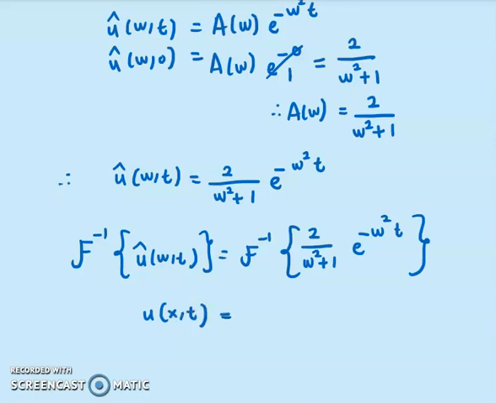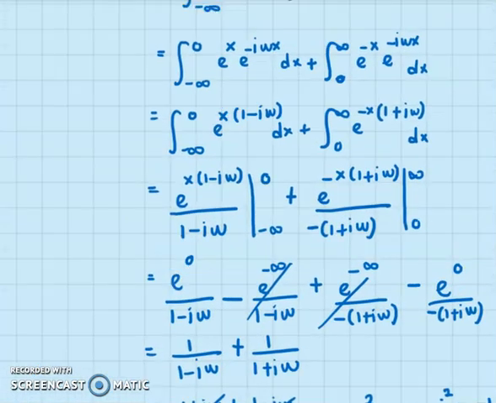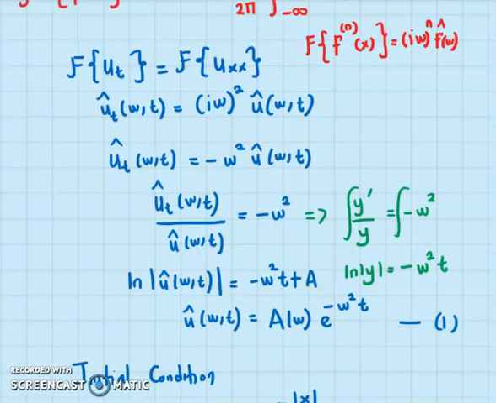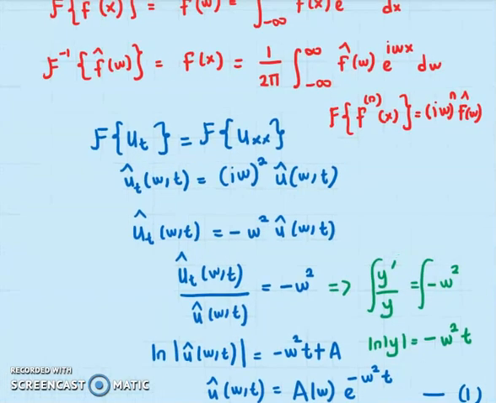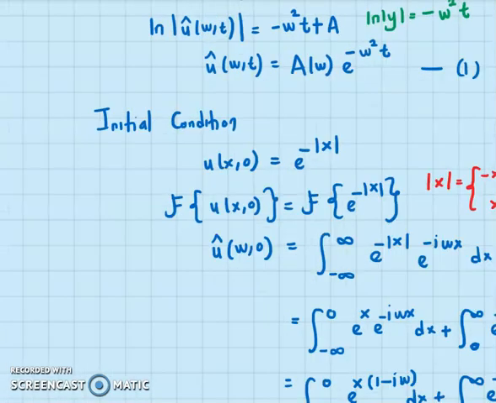Okay, now this is a bit tricky because we need to use the definition for the inverse. I have written it down earlier on. Let's look at it. The definition of the inverse is this one, 1 over 2 pi, integral from minus infinity to infinity of f hat omega, whatever inside the bracket here, times e I omega x d omega.